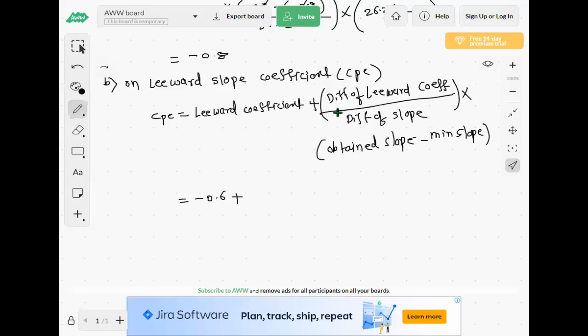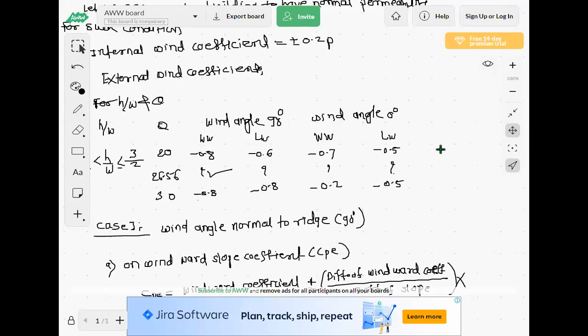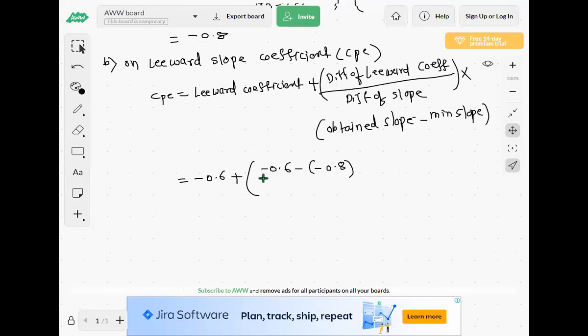Okay, 0.6 plus difference of leeward coefficients. So leeward coefficients, difference of minus 0.6 minus 0.8. See leeward coefficients here, minus 0.6 and minus 0.8. These are the two leeward coefficients for 20 degree and 30 degree. So we have to take difference of minus 0.6 and minus 0.8. So here you can see now, here we have taken the difference of these two. This is interpolation formula. Now difference of slope.